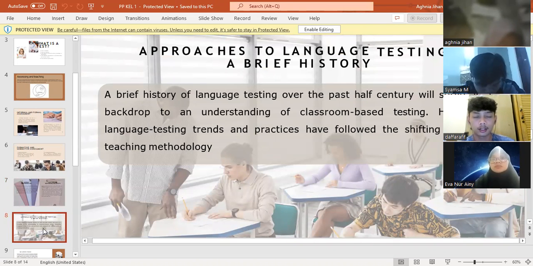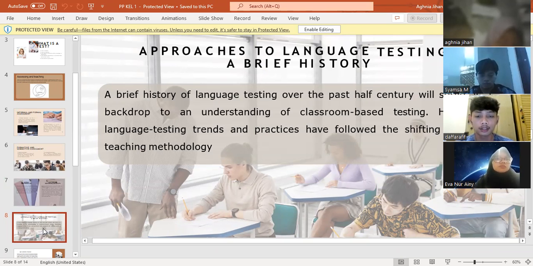So the next is approaches to language testing, a brief history. A brief history of language testing over the past half century will serve as a backdrop to an understanding of classroom-based testing. Historically, language testing trends and practice have followed the shifting sense of teaching methodology.